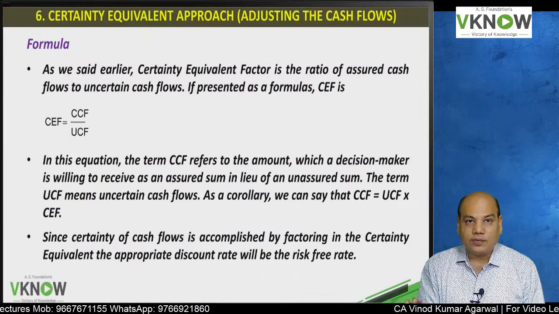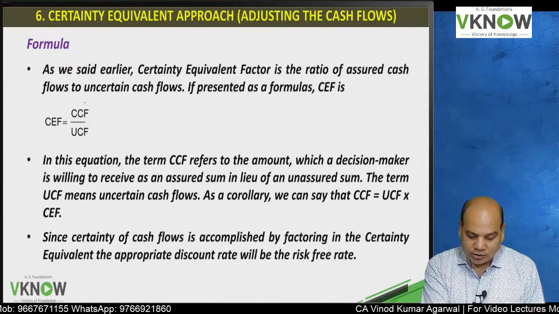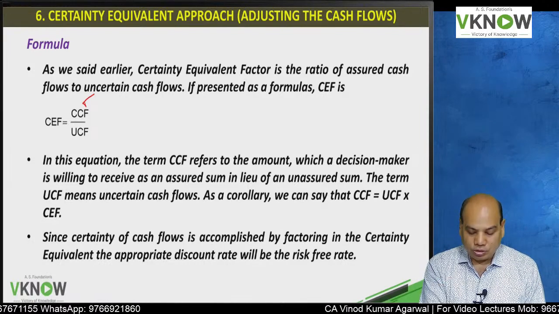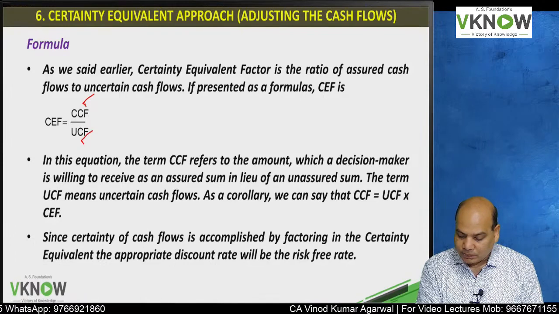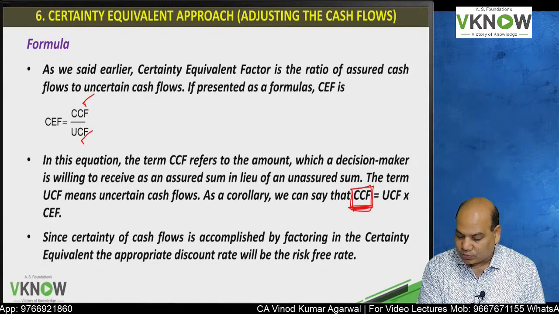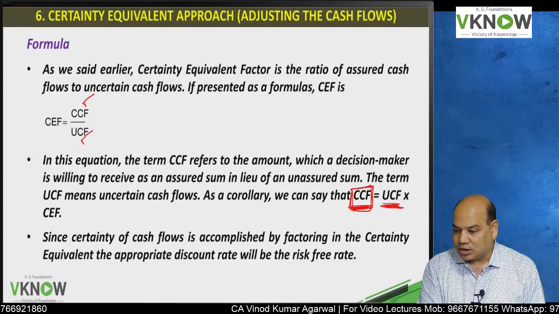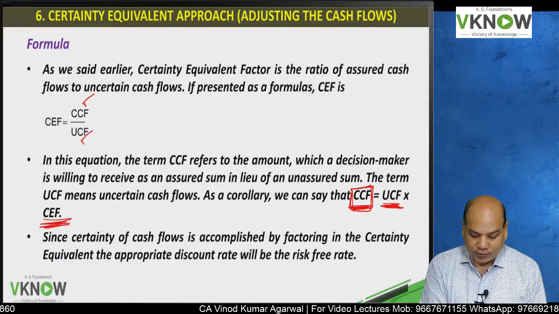Formula for computing certainty equivalent coefficient: it is the ratio of certain cash flow upon uncertain cash flow. Is it right? And if you want to calculate certain cash flow, multiply uncertain cash flow with certainty equivalent factor.